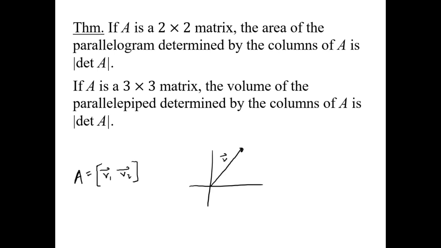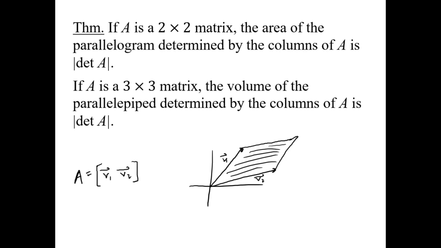Here's v1. And by the way, I'm going to assume that they're not parallel vectors. So here's v2. The parallelogram would be repeating v2 up here, repeating v1 up here. And so the area of this parallelogram is the determinant of A.